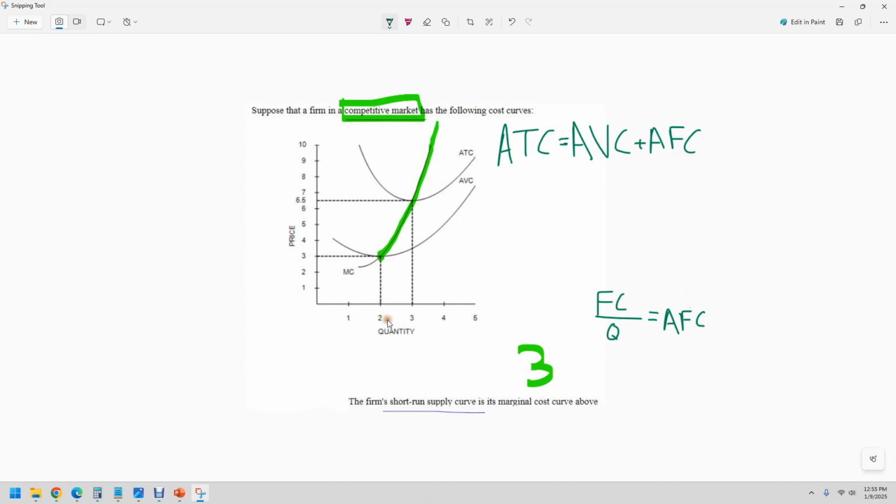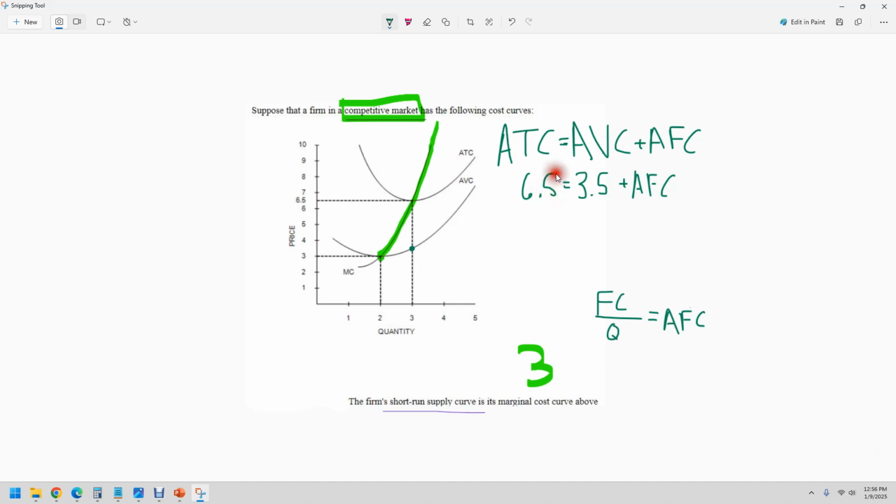So let's actually use a quantity of 3 right here. The average variable cost when we're producing 3, we'll say that's like 350. So 350 is the average variable cost. We don't know the average fixed cost; we're going to figure that out. And then the average total cost we do know is 650.